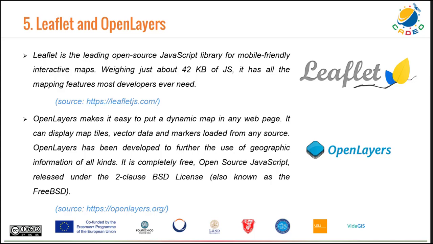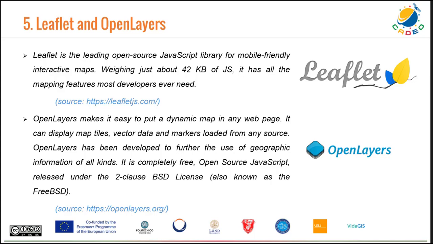In the sections on Leaflet and OpenLayers, we explore two famous JavaScript libraries for developing geospatial web applications. The Leaflet library is the leading open-source JavaScript library for mobile-friendly interactive maps, with just about 42 kilobytes of JavaScript. It has all the map features most developers ever need.